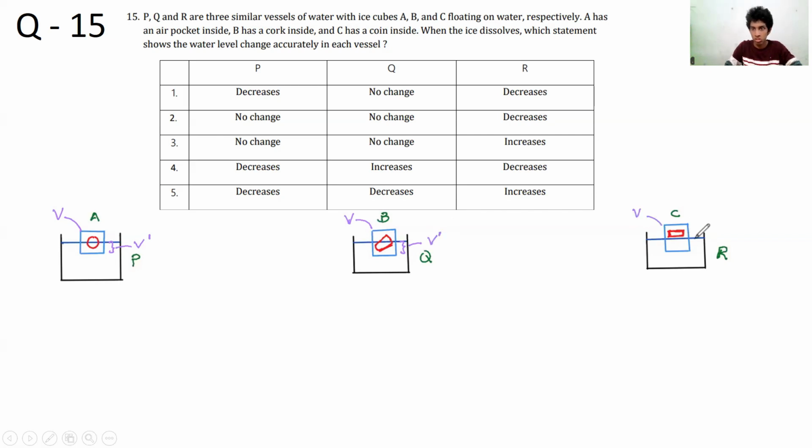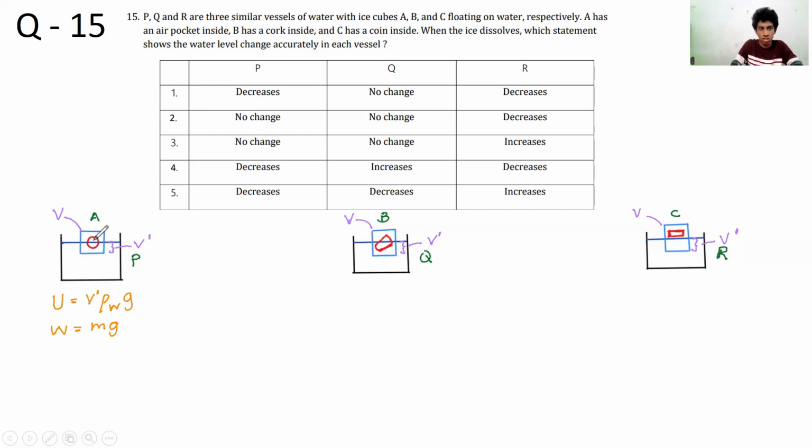So here also it's the same. Now the upthrust acting on the ice cube U is equal to V dash rho W into G. Rho W is the density of water, and the weight of the ice cube W is equal to the mass of the ice into G.